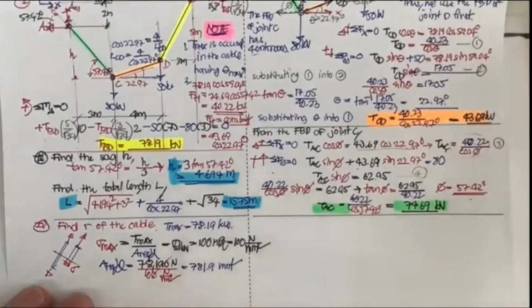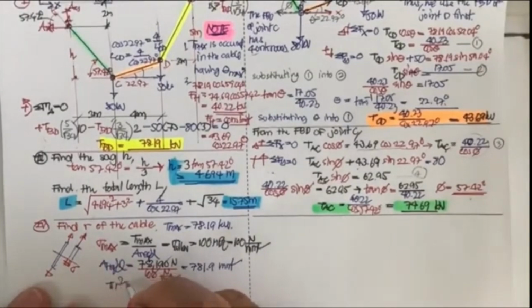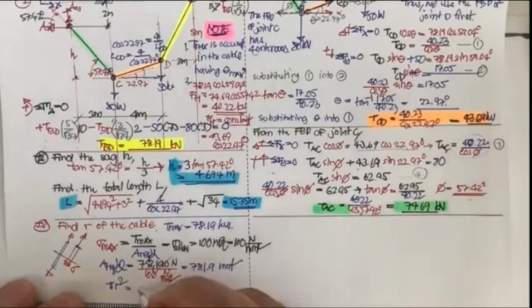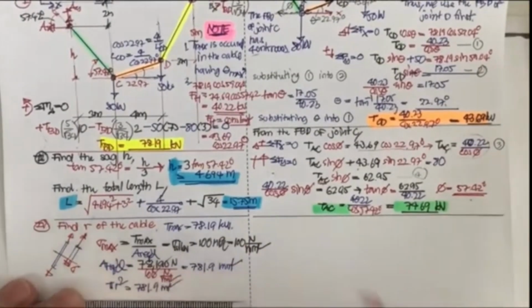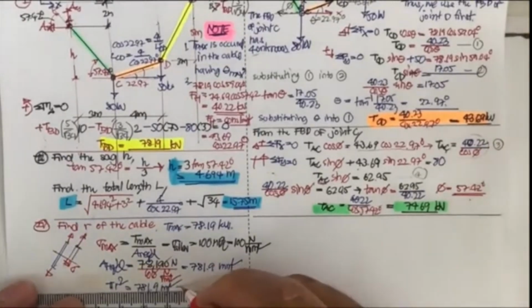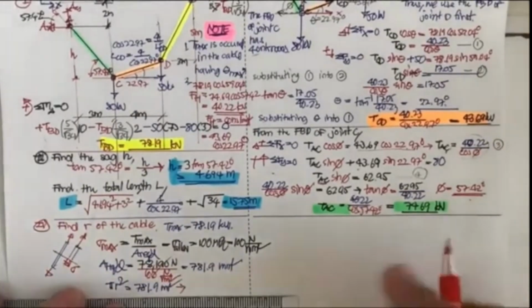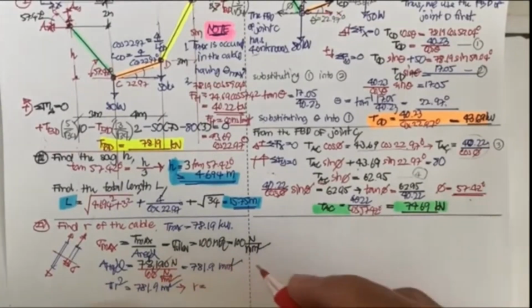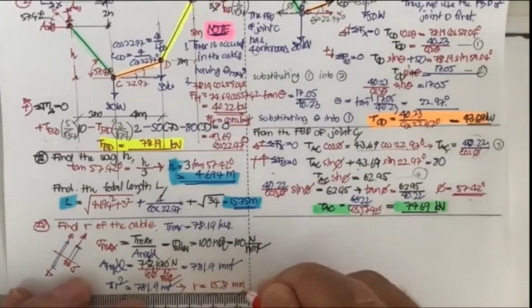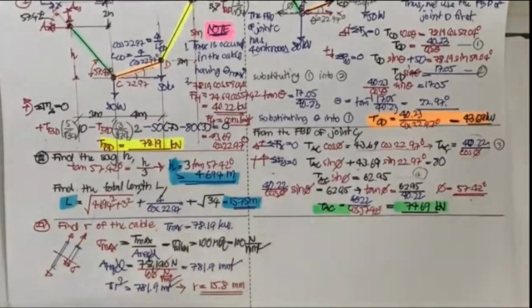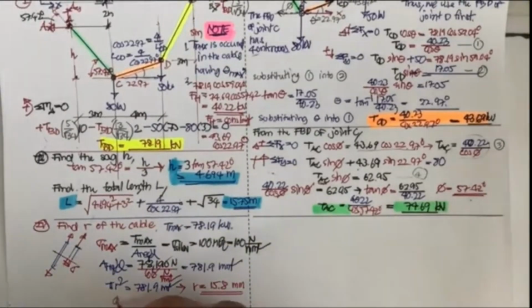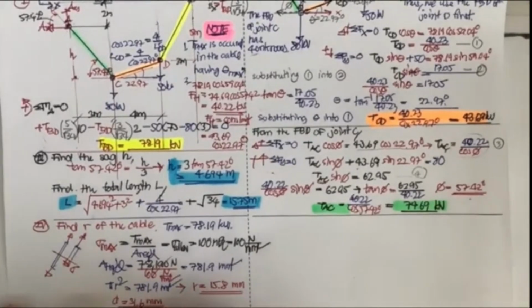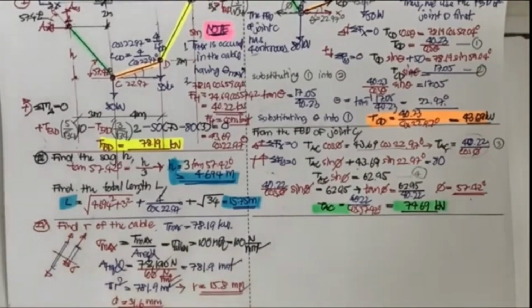Now you can determine the radius by pi r squared equal to 781.9 square millimeter. When you put this into your calculator, you will get the radius of 15.8 millimeter. Now you determine the diameter. The diameter is going to be 31.6 millimeter.